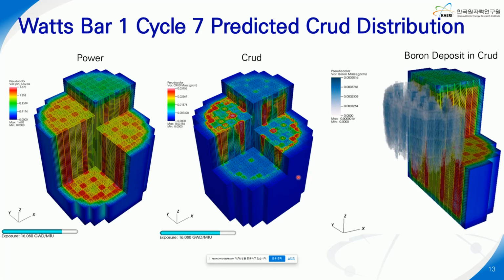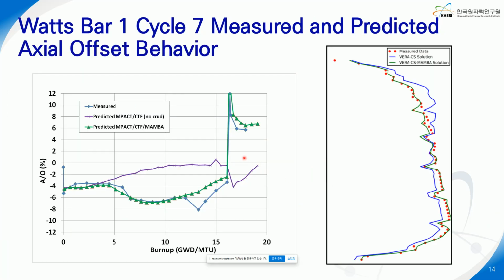VERA simulation results clearly showed these multi-physics phenomena, as shown here. Without the modeling of crud, the actual offset behavior shown here as the purple line is quite far from the measured values shown in the blue squares.